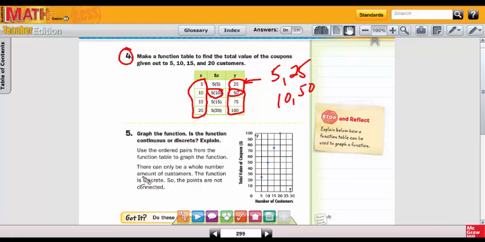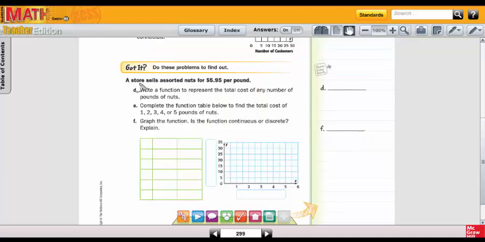And the answer to that is there can only be a whole number amount of customers. You can't have half a customer. So the points are not connected because this is discrete data, not continuous. This is discrete. Please press pause and do letters D through F. When you do the table here, please use the values 1, 2, 3, 4, and 5 so that you can check your answers with the letters in the video.